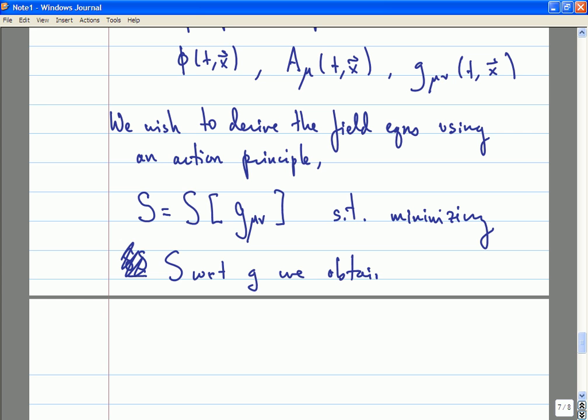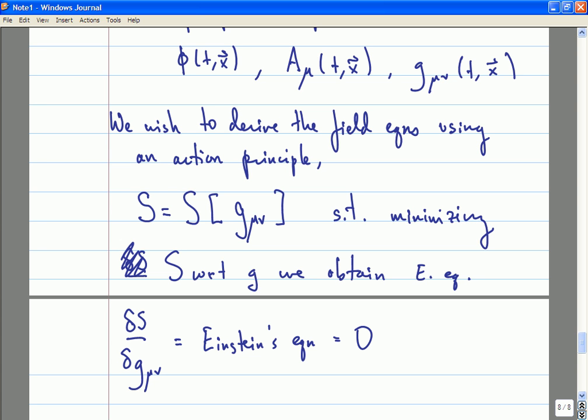So we wish to take the variation of the action with respect to the metric and obtain Einstein's equation, which will then be set equal to 0 if we extremize the action.